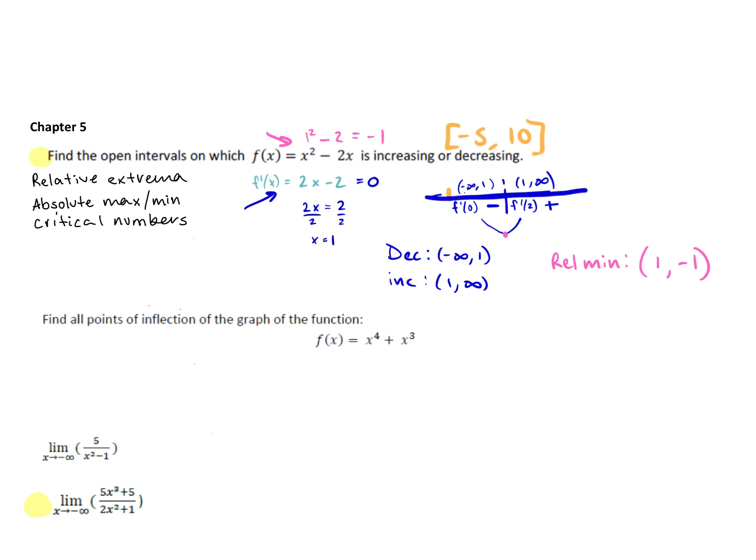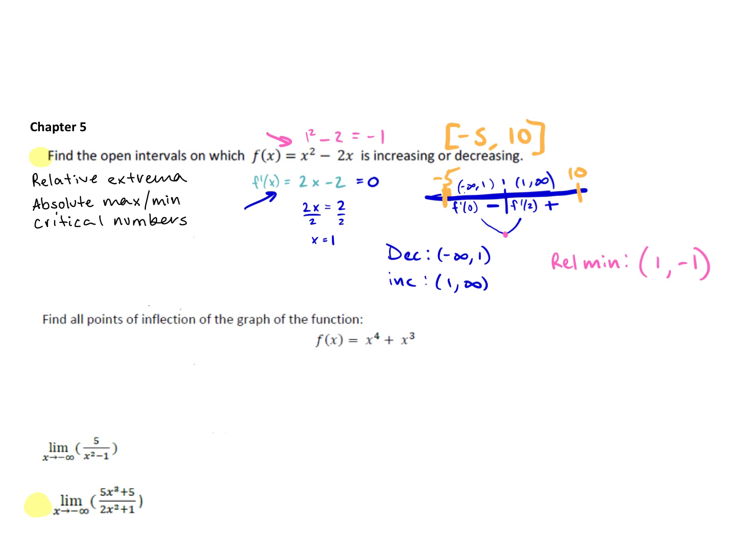So I would put -5 and 10, which would change the intervals that we have, but we would want to test these numbers too. See where your highest y value, highest y value would be an absolute max. Smallest y value would be your absolute min.